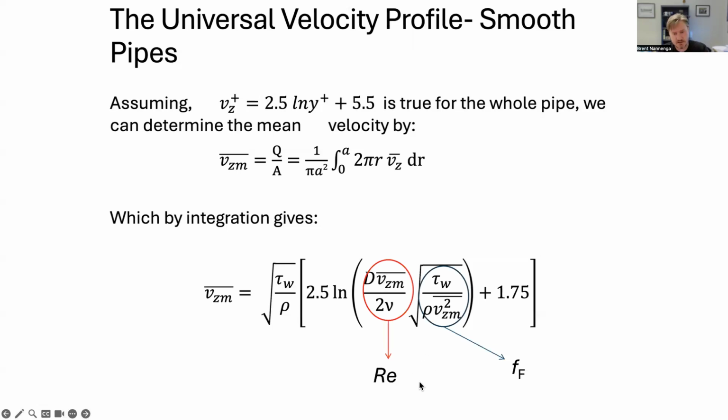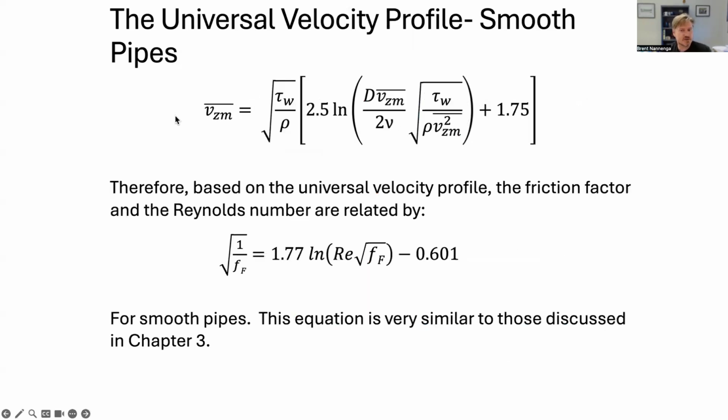This term here looks like Reynolds number. This term here looks like your friction factor. So it really relates to a lot of the friction factor equations that were used earlier in the chapter for macroscopic fluid mechanics.